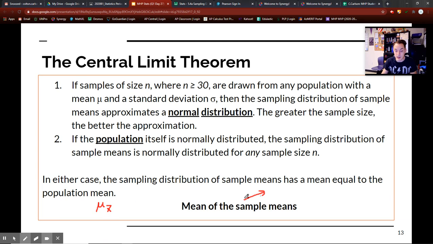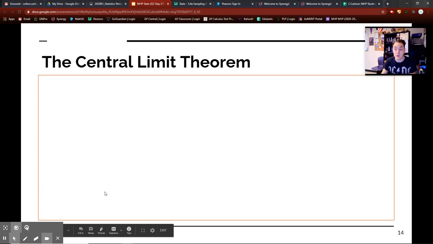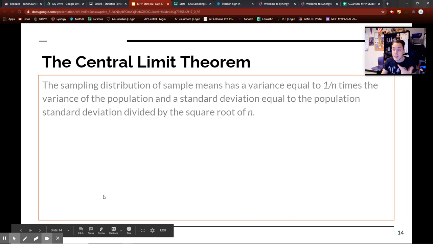But this will equal, the mean of my sample means will actually equal my population mean. So we've already said that before. I'm not going to go over it too much right now since I've already gone through it in detail previously.